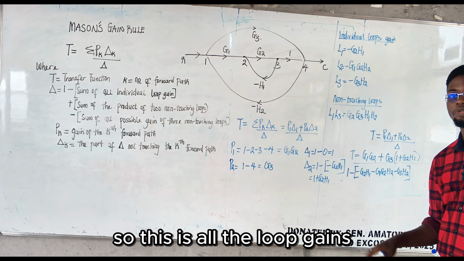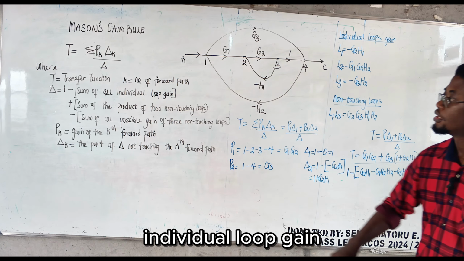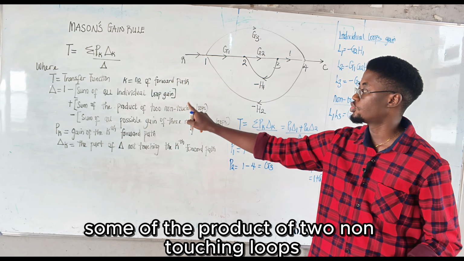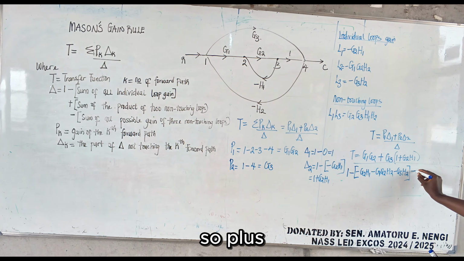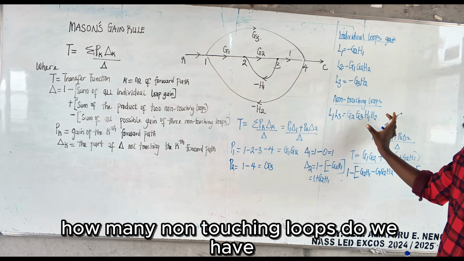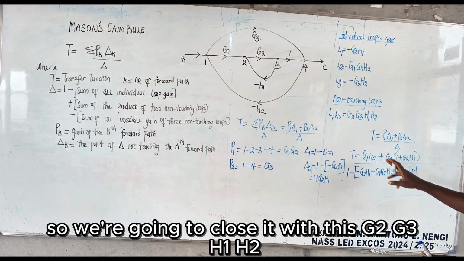So this is all the individual loop gains. The next one is, we should add it with the sum of the product of two non-touching loops. How many non-touching loops do we have? Just this one. So we are going to plus it with this.